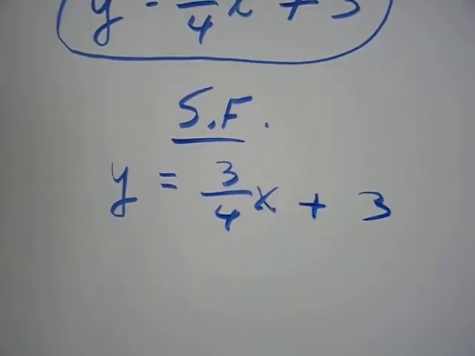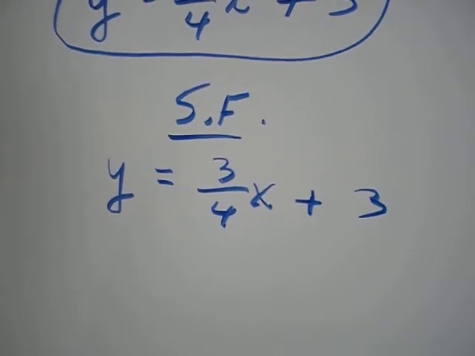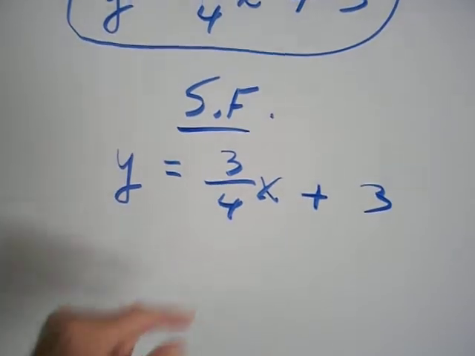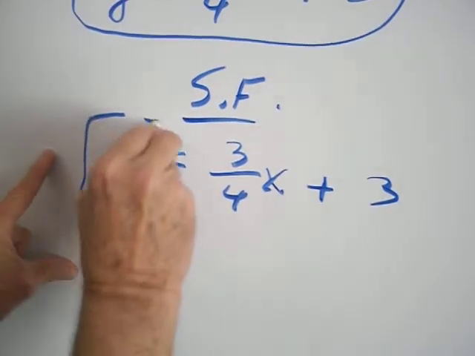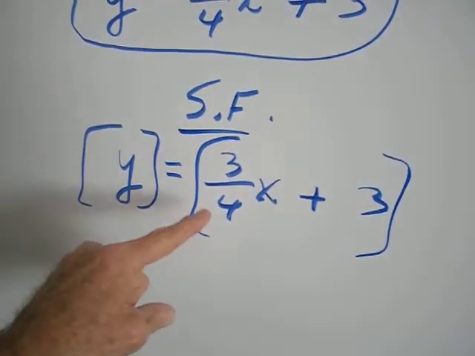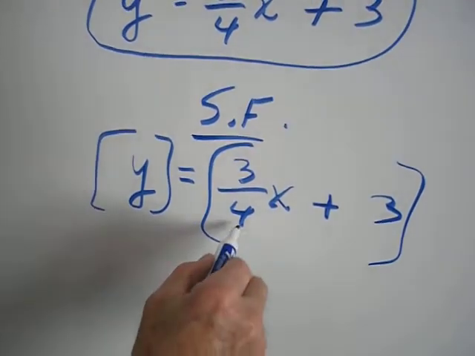There's a fraction there. It can't be. Let's get rid of that fraction first. The denominator is 4, so the common denominator is 4. Tuck the left. Tuck the entire right. To get rid of that fraction, we're going to multiply both sides by the common denominator of 4.